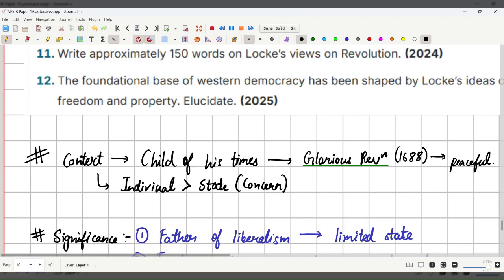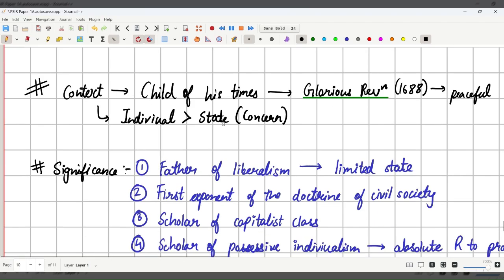Due to the Glorious Revolution he was influenced, and that is why he developed his theory of social contract, or the type of government in which individuals have more power or supremacy over the state. His concern was that individuals are prior to the state.